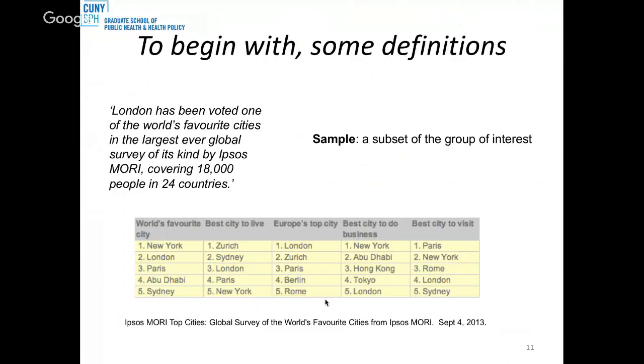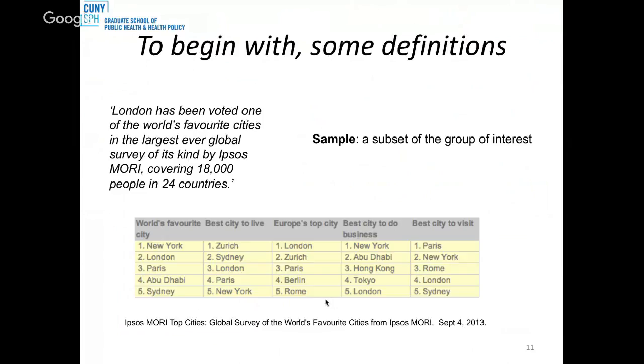In this example here, what is the population that they're trying to make inference on? I say make inference on because they didn't ask everyone in that population, but still they're making some conclusion about it. Yep. Yeah, maybe the entire urban population, maybe actually everyone in the world. It depends on how they did their sampling.